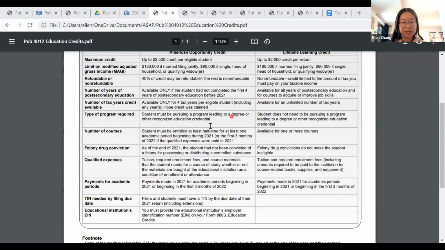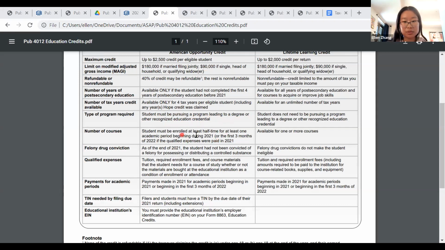So in order to be eligible for it, you must be a student, or you must be claiming a student as your dependent who is pursuing a program leading towards a degree or some other recognized education credential at a credible college or university.